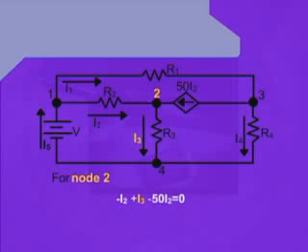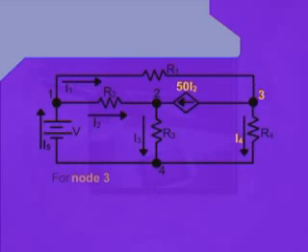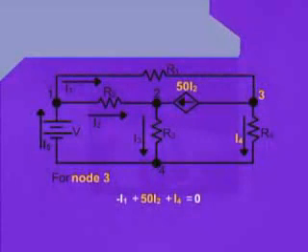Next, we move to the node 3. Once again, we can see that for node 3, current I1 is approaching the node 3 through resistance R1, and current I4 is leaving the node 3 through resistance R4.